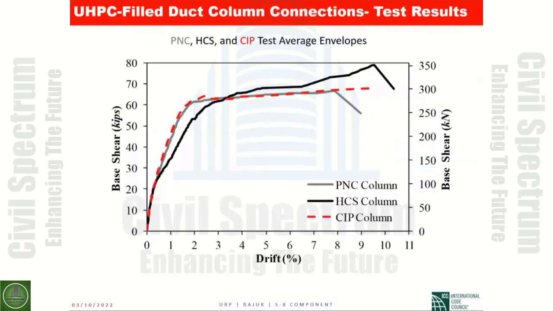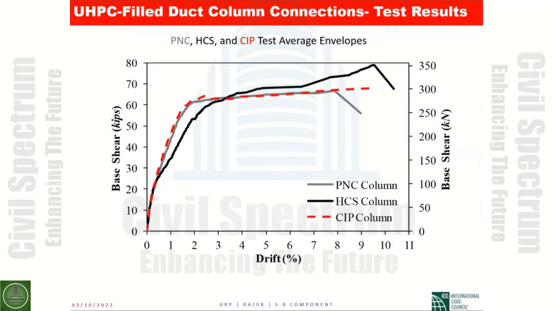Nonetheless, you see that the capacity was accomplished the same way that we had for the conventional column. One of the things that is important in the displacement-based design is the pushover curve or the lateral force displacement relationship. So if you compare these, there are three curves here that you see. One is the CIP, that's a conventional reinforced concrete. Nothing new, no precast, nothing.